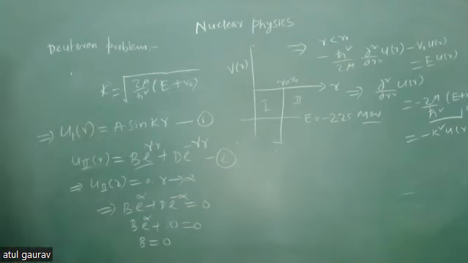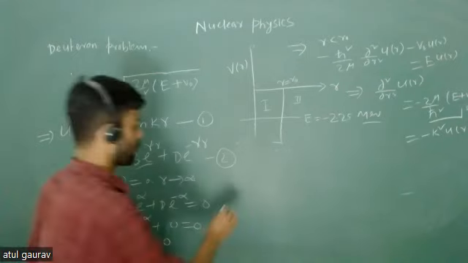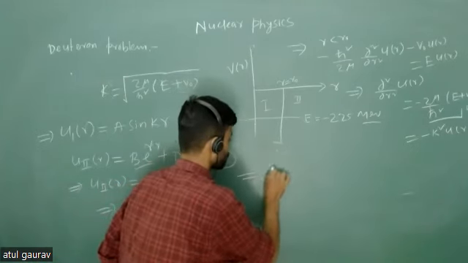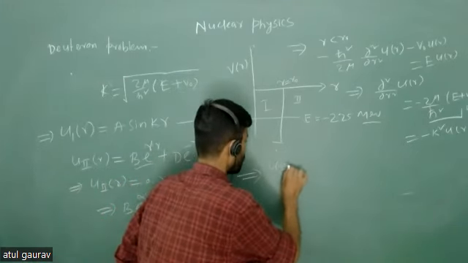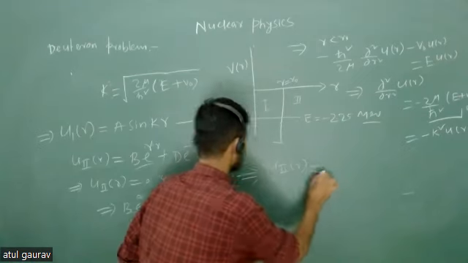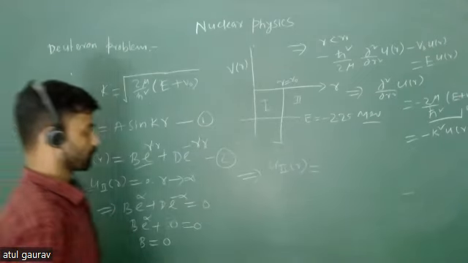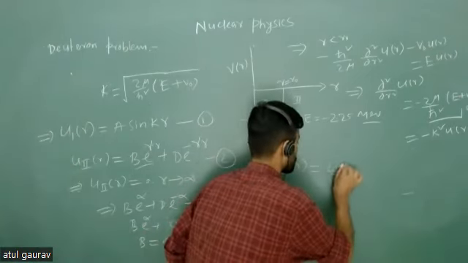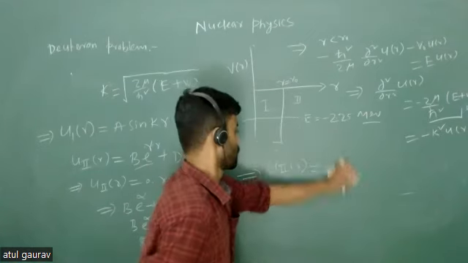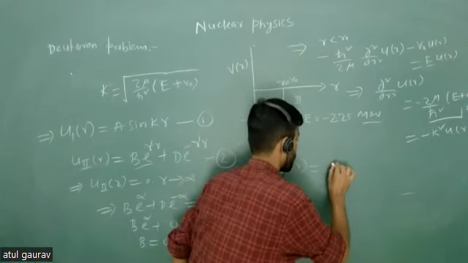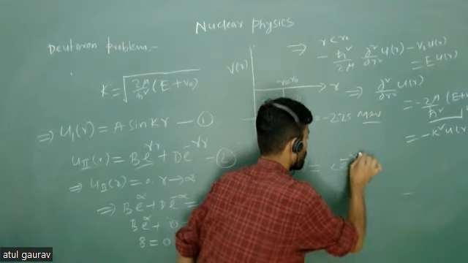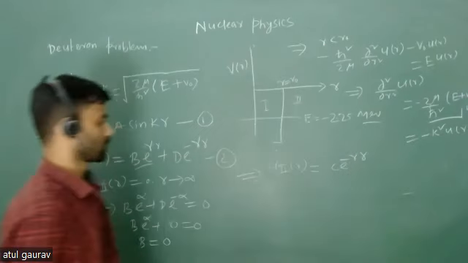Did you get what I'm saying? Is it clear? Everybody clear this step? Okay. So b is 0. Now your modified wave function will be u of r equals c exponential minus gamma r, right?